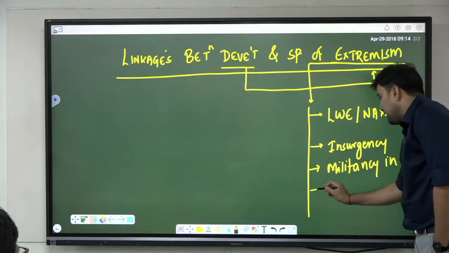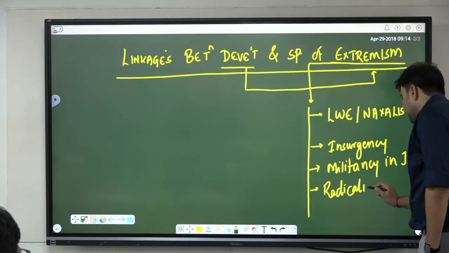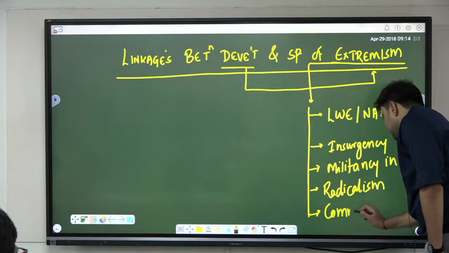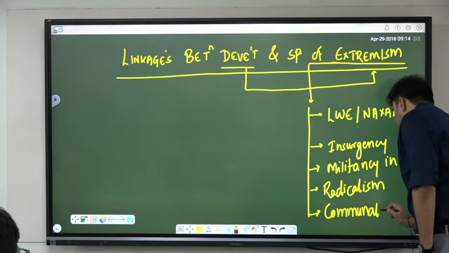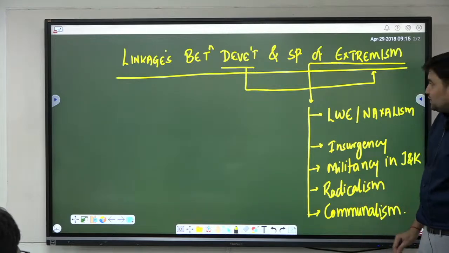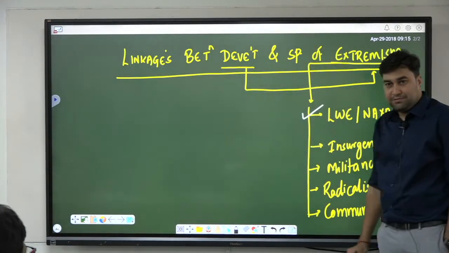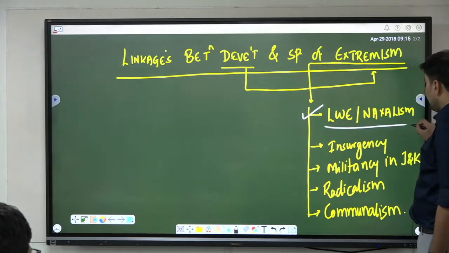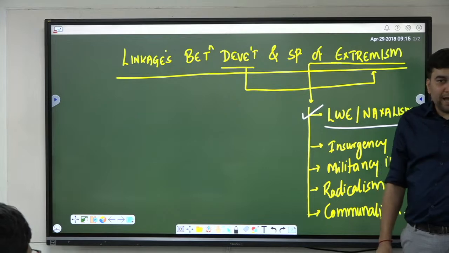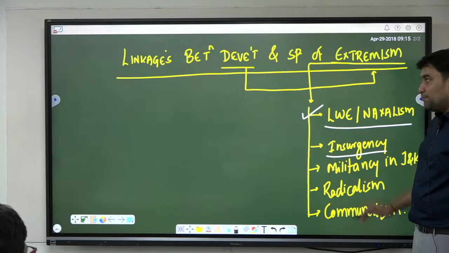Next, radicalism, communalism, mob lynching, etc. In this context, yesterday we completed left-wing extremism with the meaning, factors responsible and Government of India's mitigation approach. So today we start first with insurgency and then we'll complete all the forms.